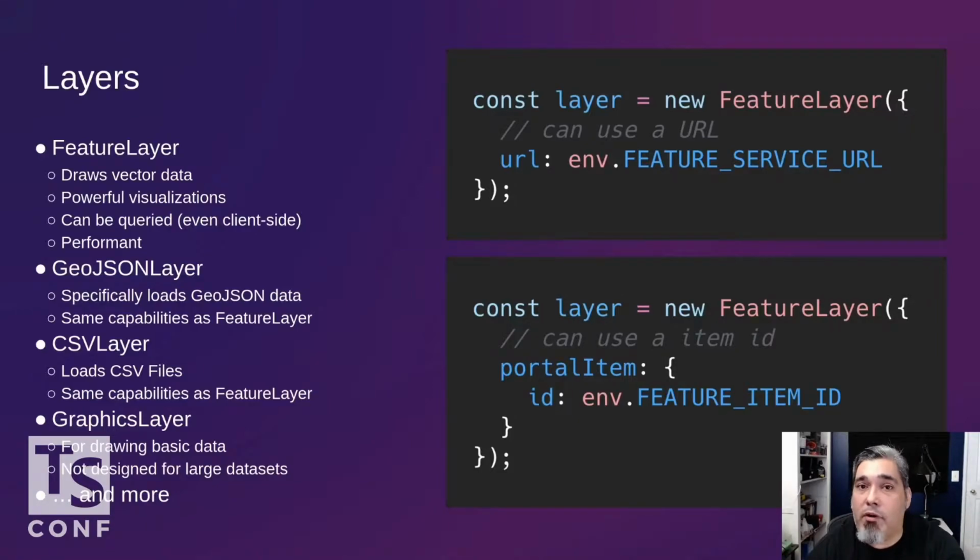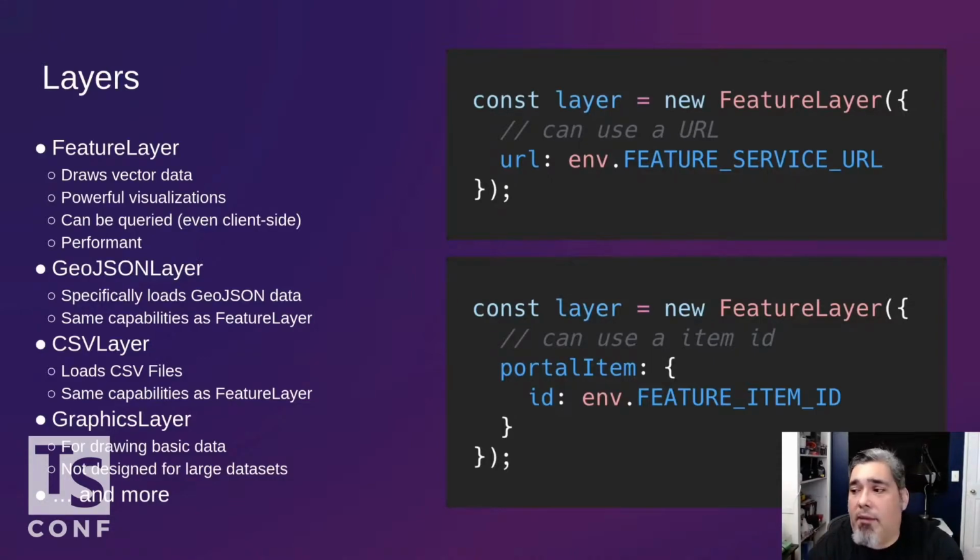You can ask where the density of the number of earthquakes is in a location. Let me get statistics on the maximum, the minimum, the average, standard deviation. You can do all kinds of really cool client-side evaluations of the data, and then drive visualizations with that as well. You can do the same thing with CSV files. You provide a CSV file to a CSV layer, and you get the same effect. All of this works in tandem.